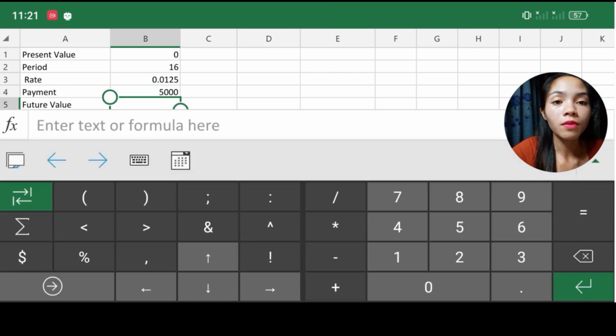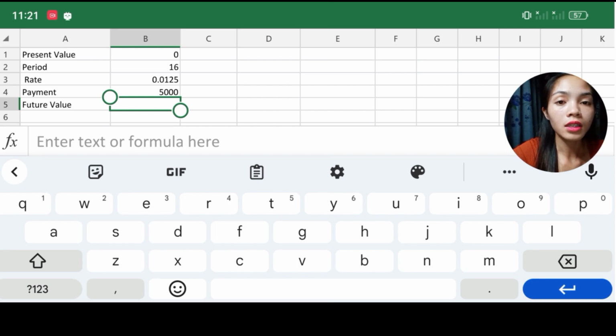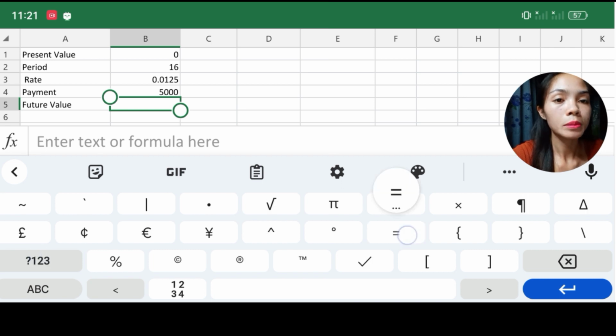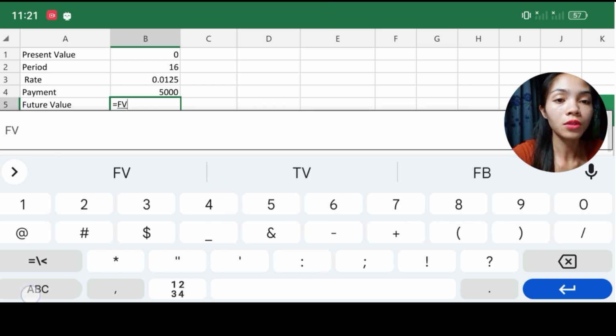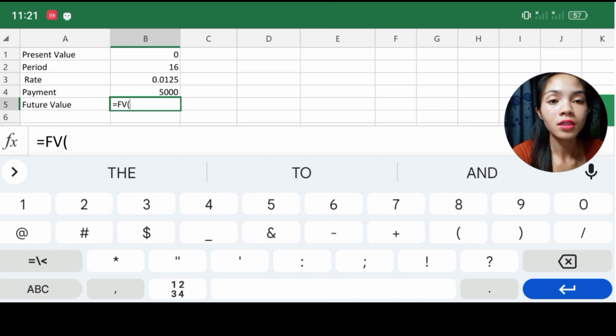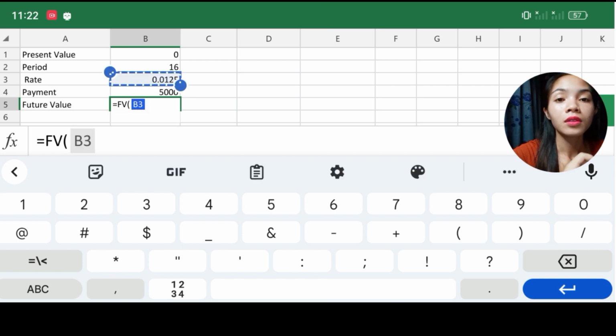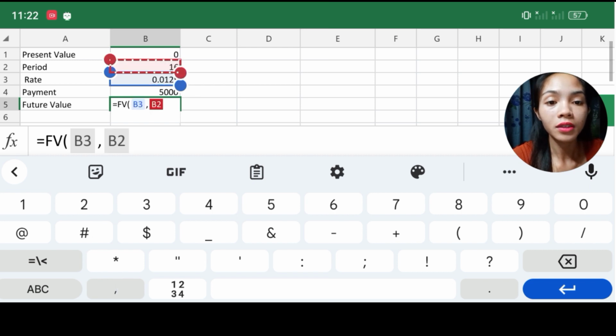On our future value, it is the future value after 16 periods. Let us put an equal sign, write FV, open parentheses. Same with the amortization schedule and getting the PMT, we enter the rate, comma, the period, comma, and next is our payment, which is 5,000.